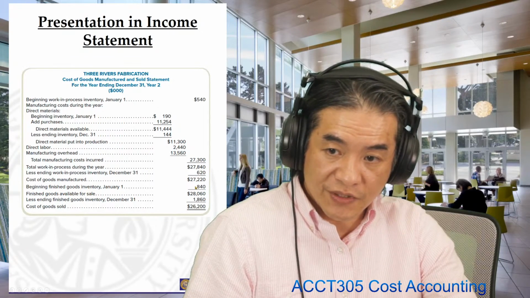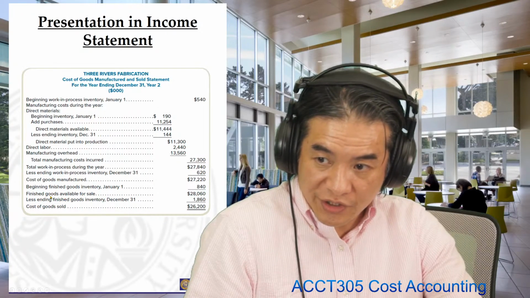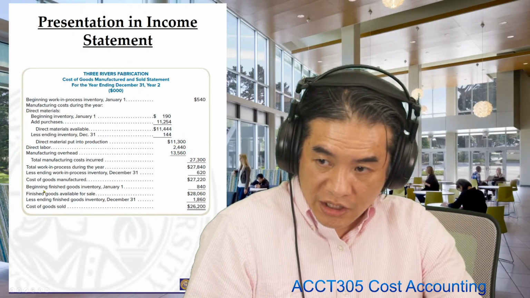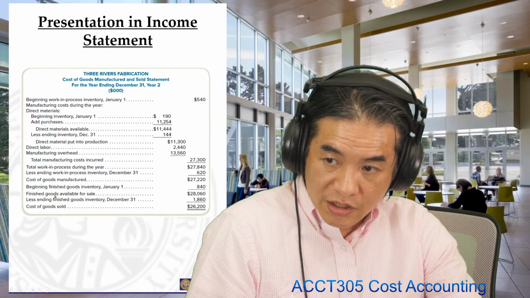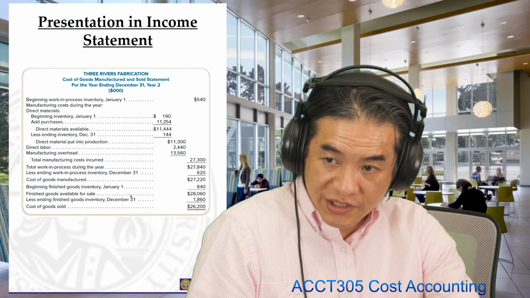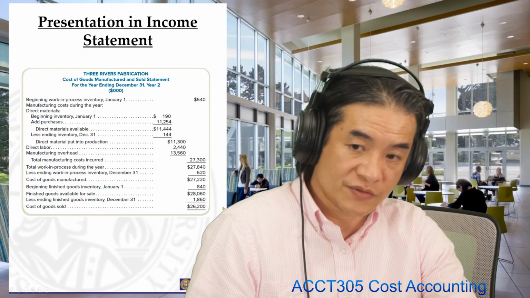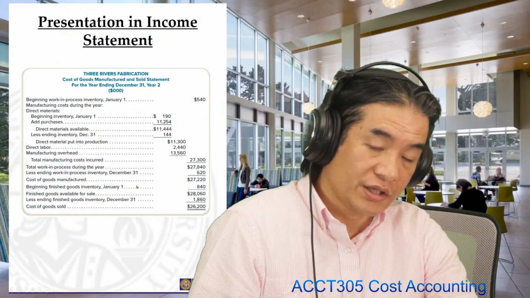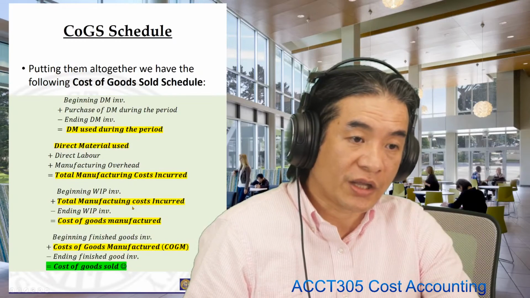Beginning finished goods inventory, adding the cost of goods manufactured, you get the finished goods available for sale, and less the ending inventory, you get cost of goods sold. Right? It's the same thing you see here. They just presented it differently with the numbers.